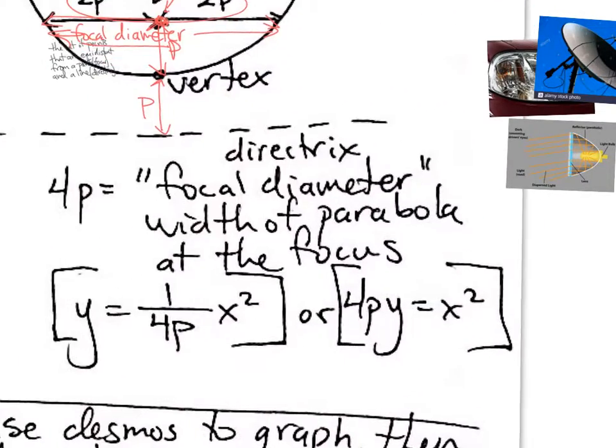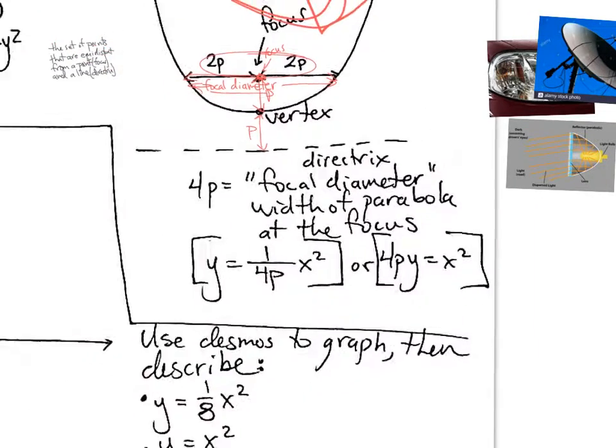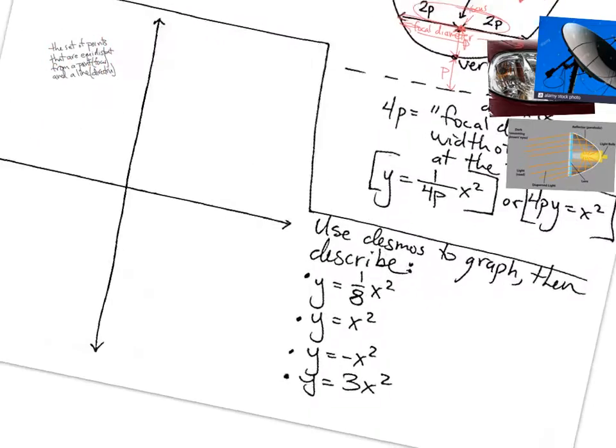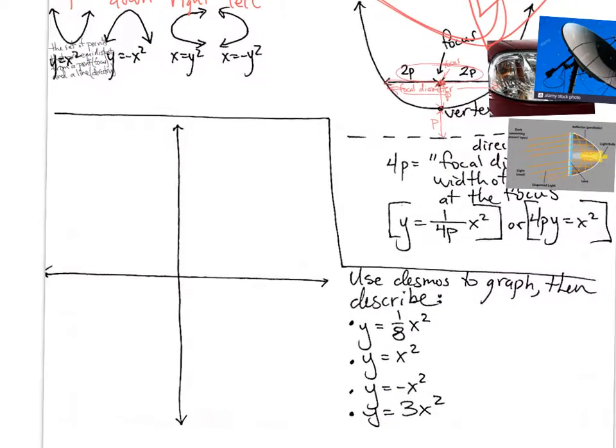Notice how this can be written with the variable that is not squared and the variable that is squared. If we multiply both sides by 4p, we could make it look like that. Okay, so we will practice, but this is all useful information and you have it right there.